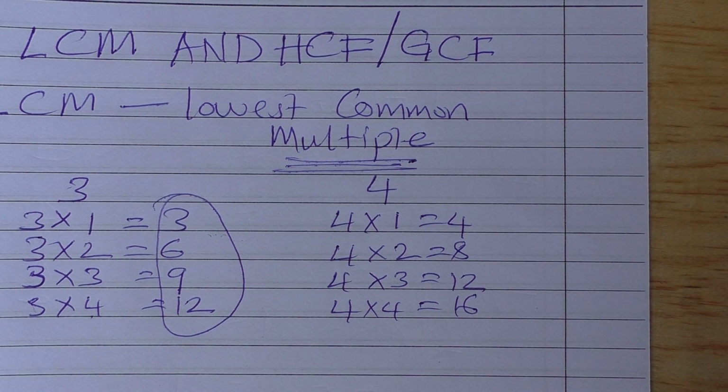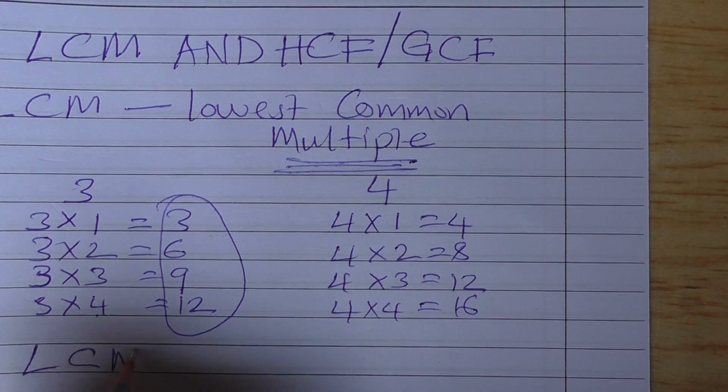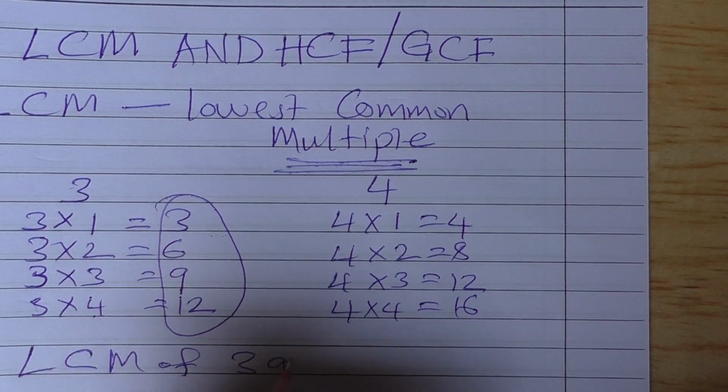Now, let us look at the lowest common multiple. Lowest common multiple is got after listing the multiples of some given numbers. For instance, let us look at how we shall get the lowest common multiple of 3 and 4.